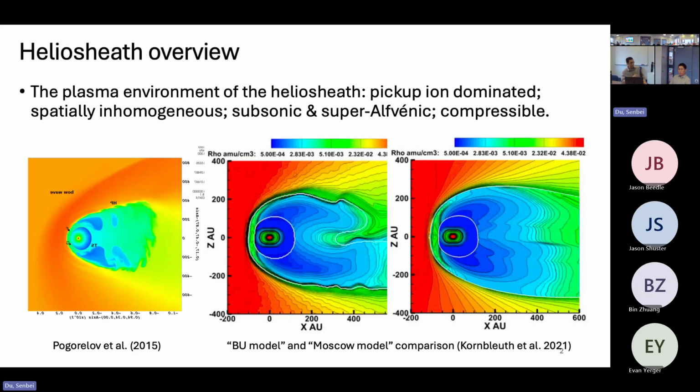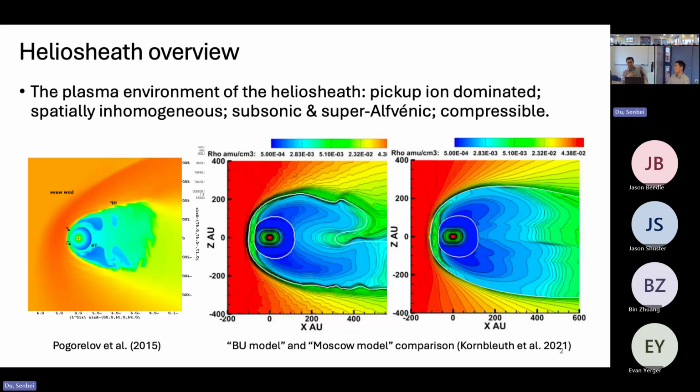For example, the left one is from the Huntsville model, the middle one from the Boston University BU model, and the right one is from the Moscow group. These have somewhat different shapes of the heliosphere, but if you're not familiar with that, it doesn't matter, since that's not what I'm going to talk about.